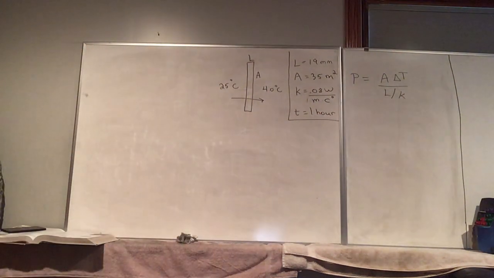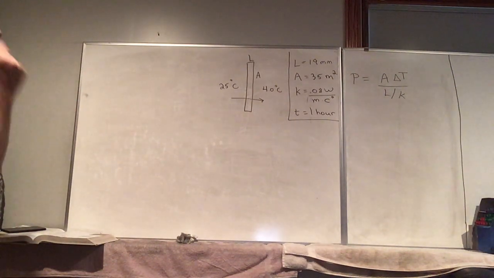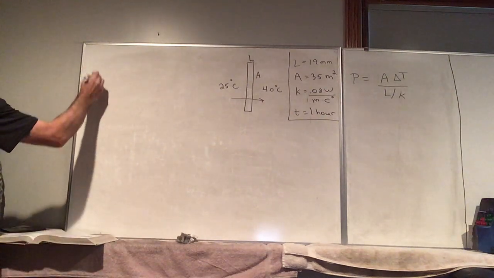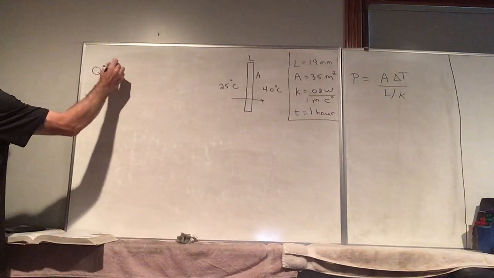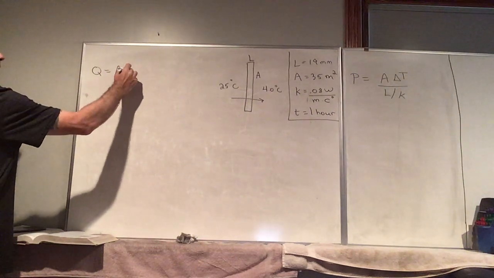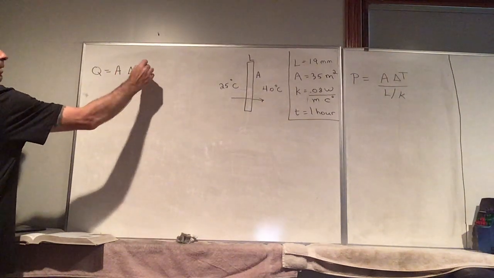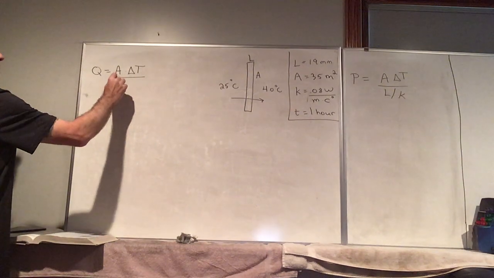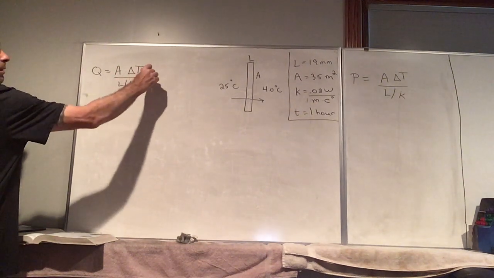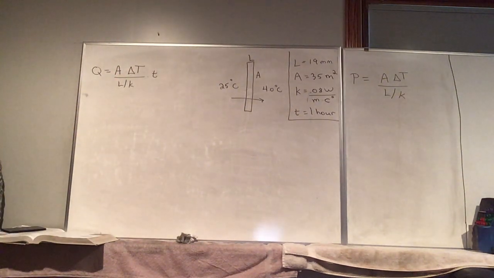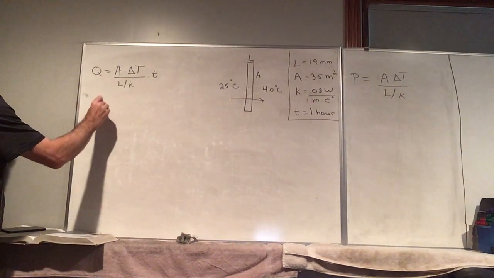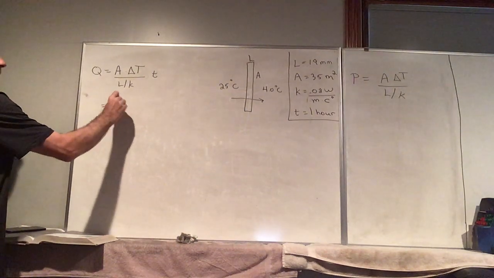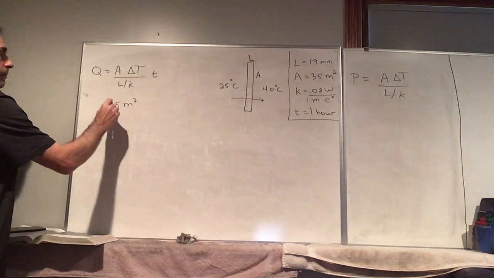This is something where we simply plug it in. So we have power is Q over T. Let's multiply by T again to get Q. So we have A times delta T over L over K. It's simply a matter of plugging things in. So the area is 35 meters squared.